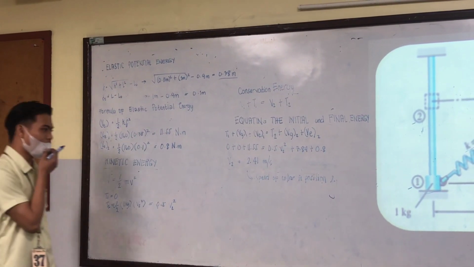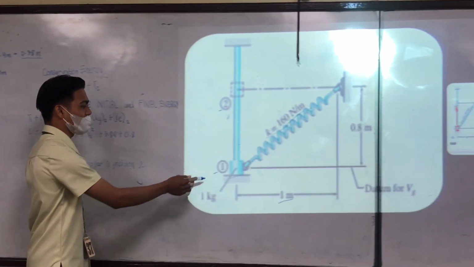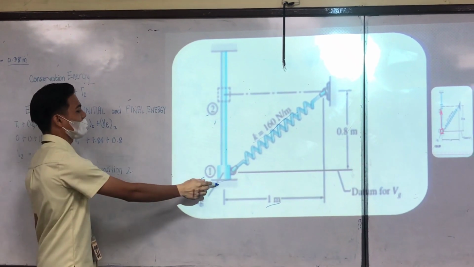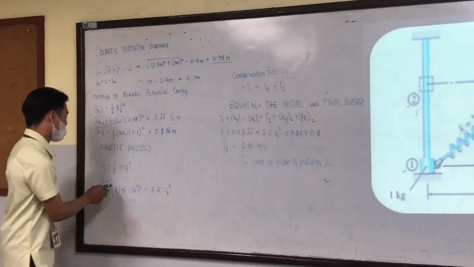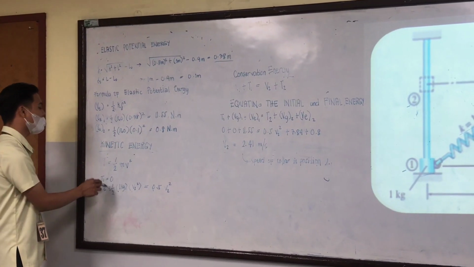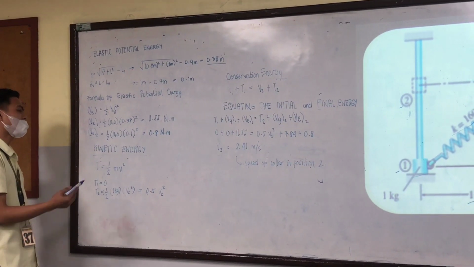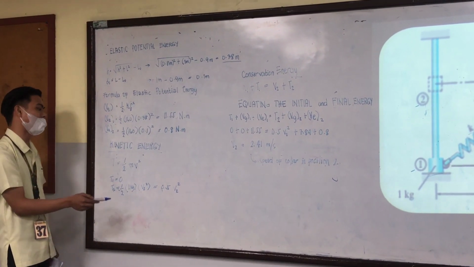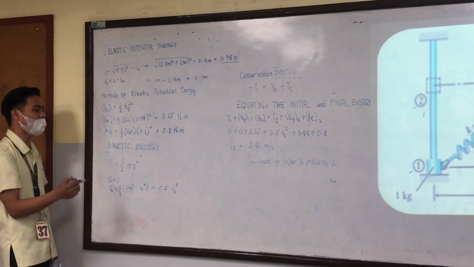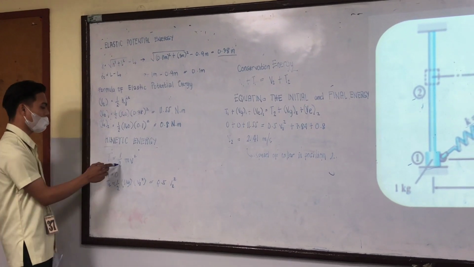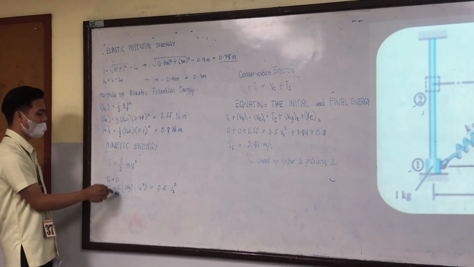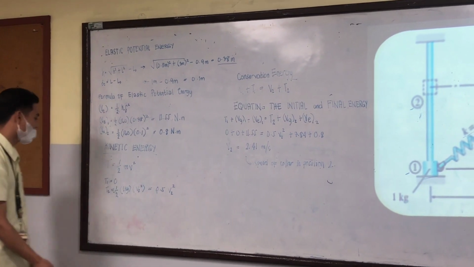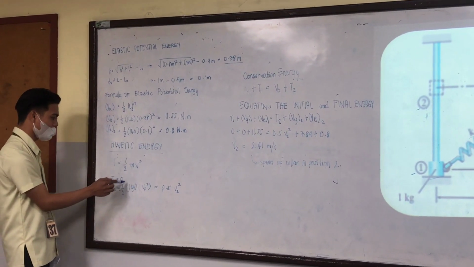Since in the problem, position 1 is at rest, it is mentioned here that position 1 is at rest, therefore there is no movement, so the kinetic energy is 0. Whereas T2, the kinetic energy in position 2, has movement. So we substitute the formula based on the given.